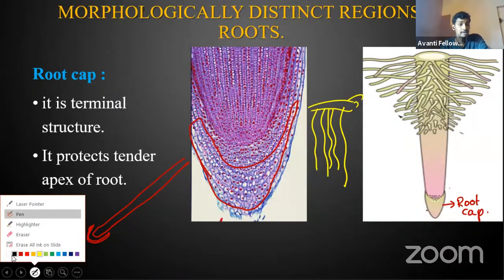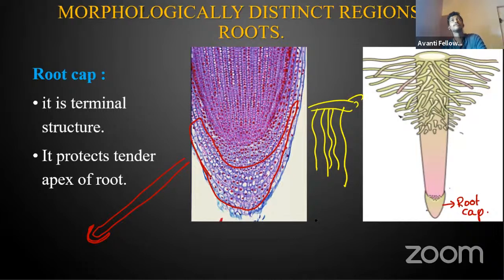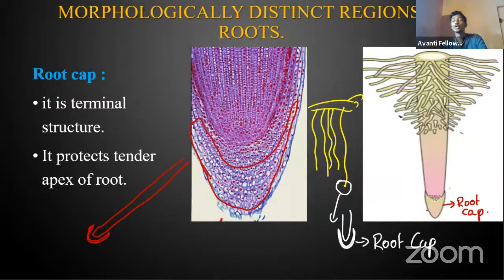If you have the time, especially in the rainy season when the growth is high, go and look at this particular part of the root. There you can find the root cap.